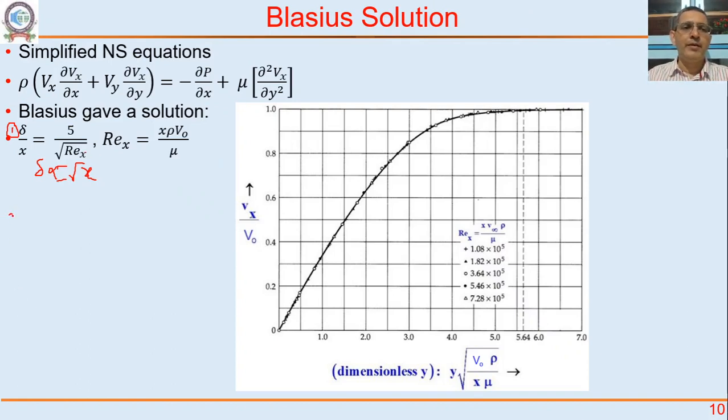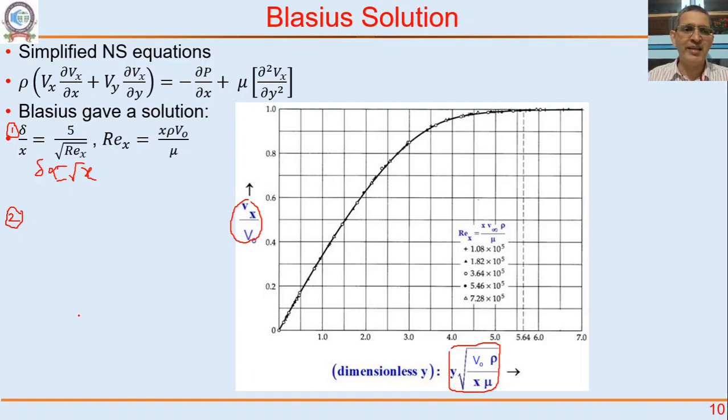Second thing, he said that velocity field can be made dimensionless, Vx by V naught, and y can be made dimensionless if I multiply by square root V naught rho by x mu.